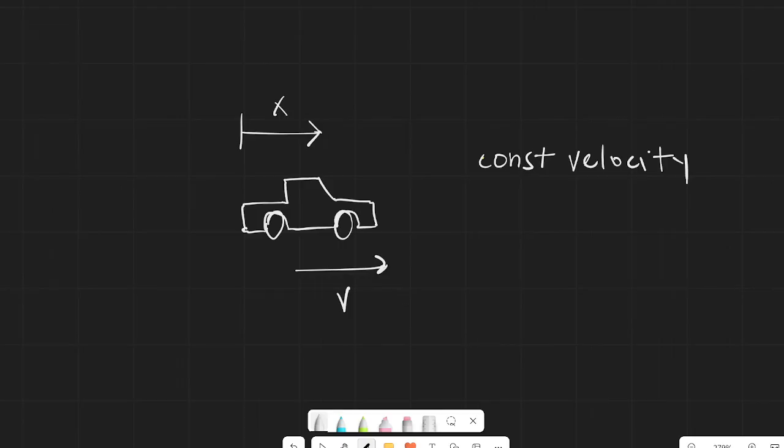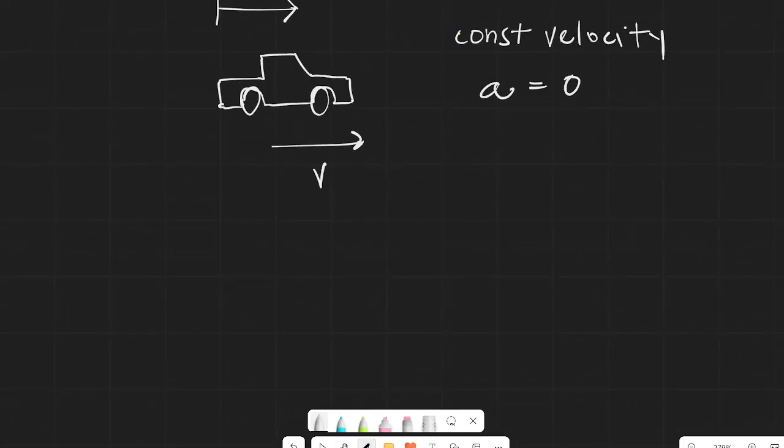And in the time interval that we choose, this velocity remains the same. Therefore, acceleration equals 0 because velocity is a constant.